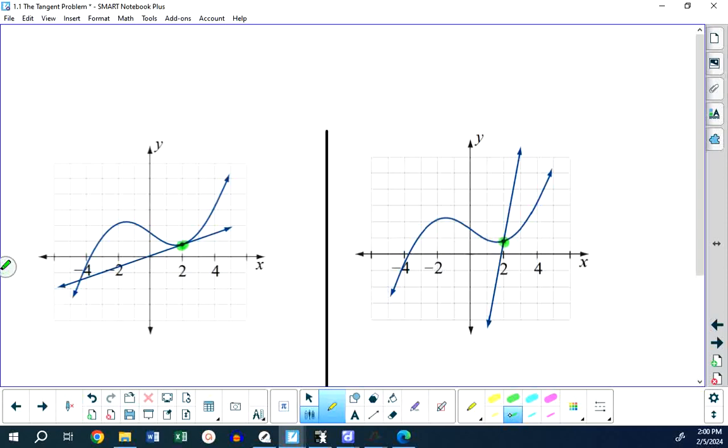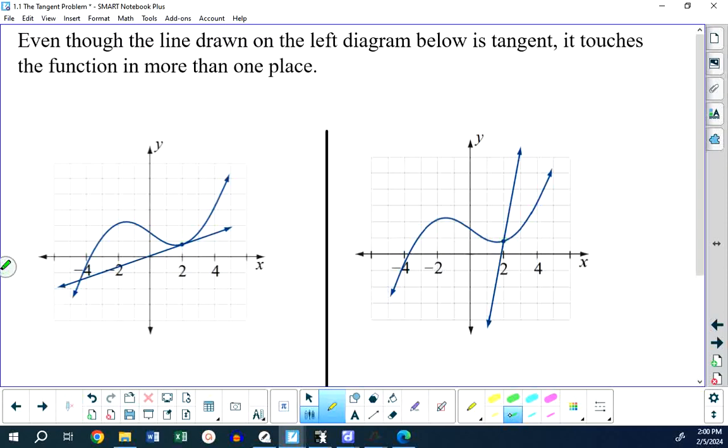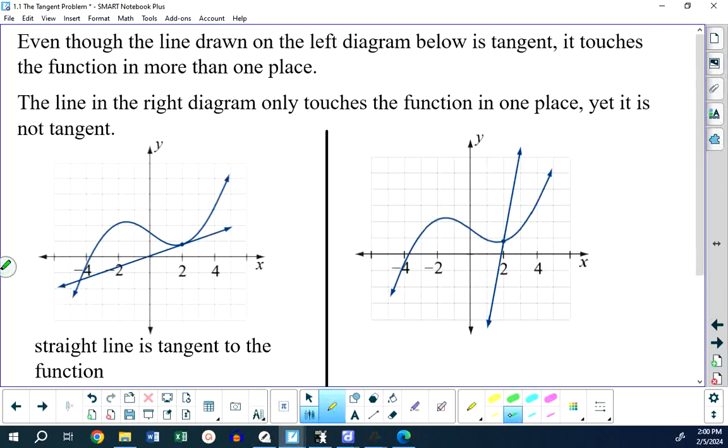And yet, the one on the right passes the test for, well, it only touches the graph once, right? The one on the left touches the graph in more than one place, but it is in fact tangent. Whereas the one on the right does in fact touch the graph in only one place, yet it is not tangent. So it turns out that the definition of a tangent line has to do with how a secant line behaves close to the point of tangency. And that's what this lesson is all about.